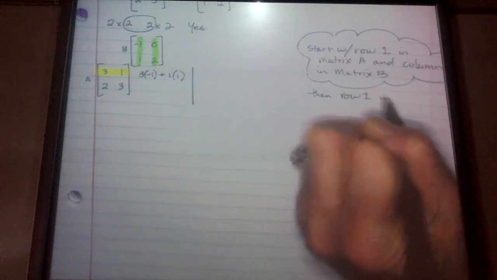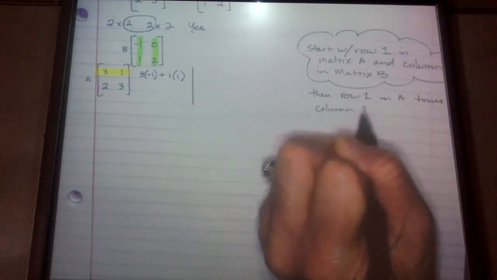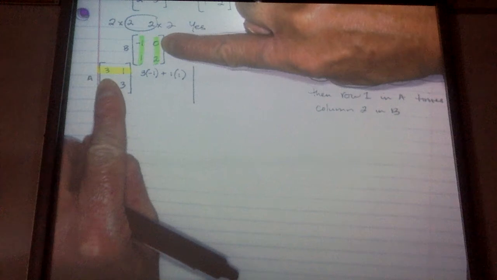Now I'm going to do row 1 and column 2. So row 1 in A times column 2 in B. For this next one, remember we already did the first column, so now we're into the second column.